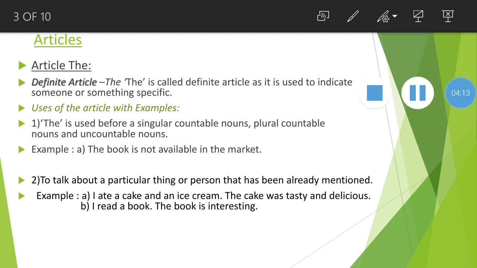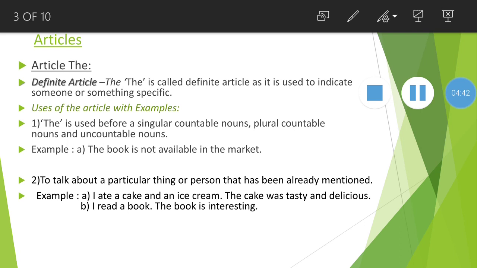In this example, the article the is used before the noun cake because I ate a cake. The noun cake is already mentioned in the first half of the sentence. The same noun is repeated in the remaining part of the sentence, meaning repetition of the noun. That's why we use the article the.